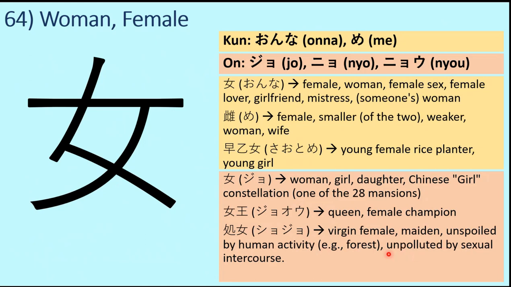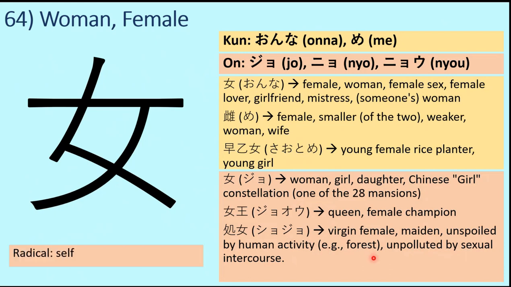So the meaning of this has been extended to non-living things as well, that is unspoiled by human activity. For example, a forest. If a forest is not spoiled, like the trees are not cut, then also this shoujo may be used in that respect. Otherwise, it basically means unpolluted by sexual intercourse. So a virgin female basically.